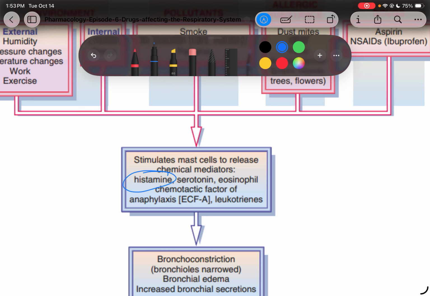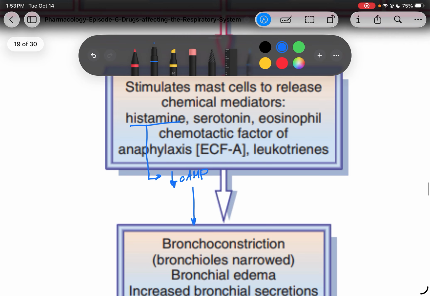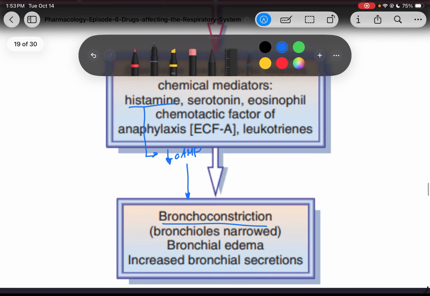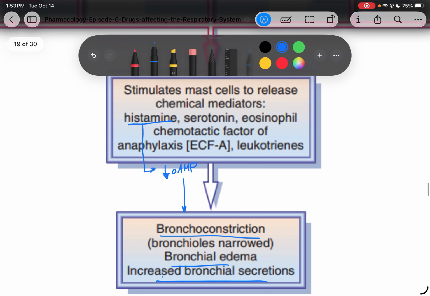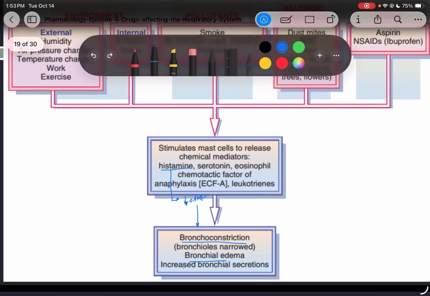Because histamine is present, there will be a decrease in cAMP, which will cause bronchoconstriction. And there will be bronchial edema and increased bronchial secretion, mainly because of the activation of the other chemical mediators. So our job here is to stop that.